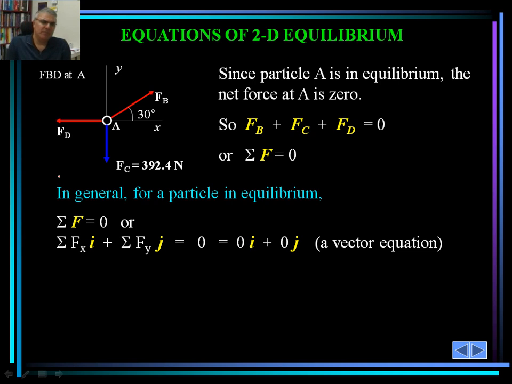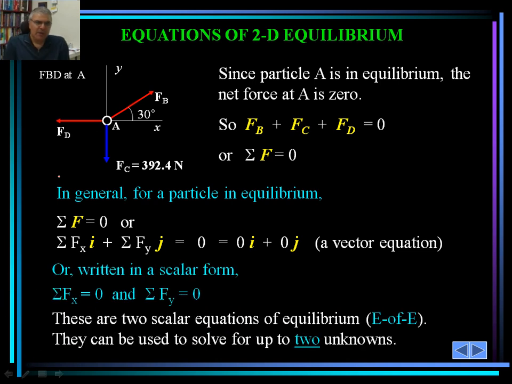If we take a look at the summation of forces in the x direction, because we're talking about a particle, it would also be 0i plus 0j. In scalar form, the summation of forces in the x direction is 0, and in the y direction is 0.